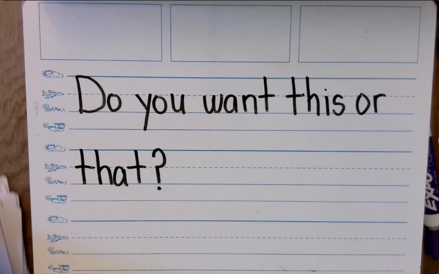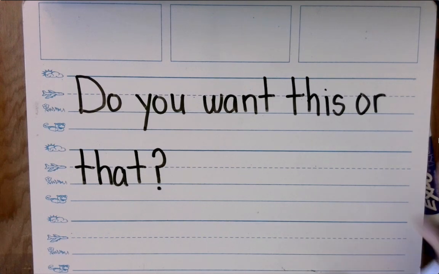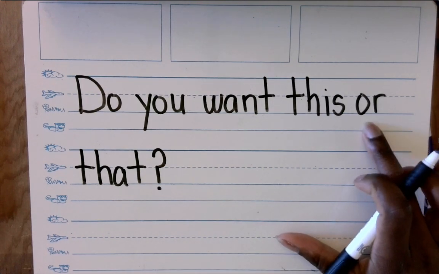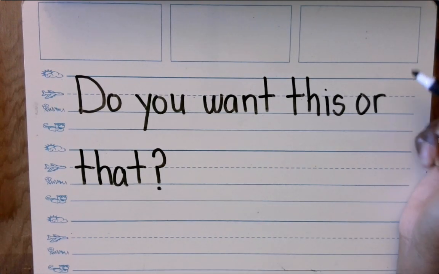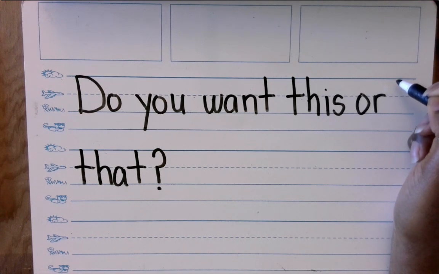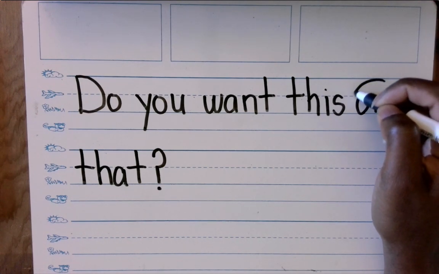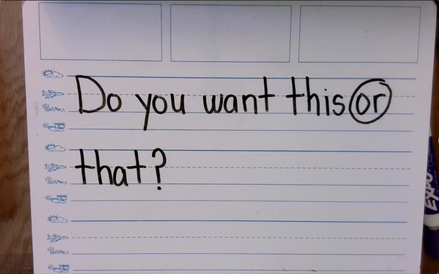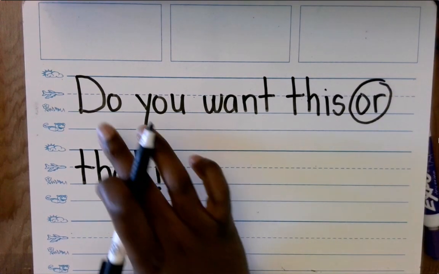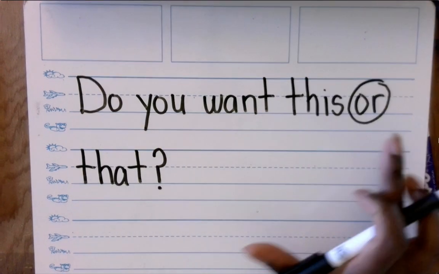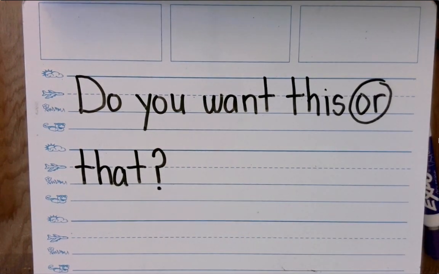Help me identify the word or. If you pointed to this word right here, you are correct. What do we do with trick words? We circle them. Just like that. Do you want this or that? Nice job.